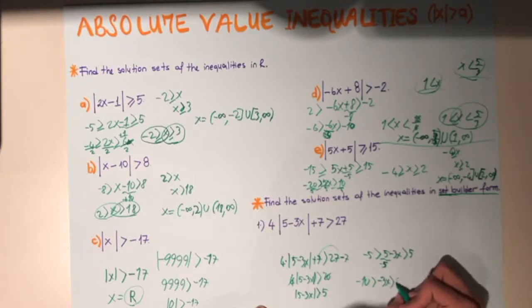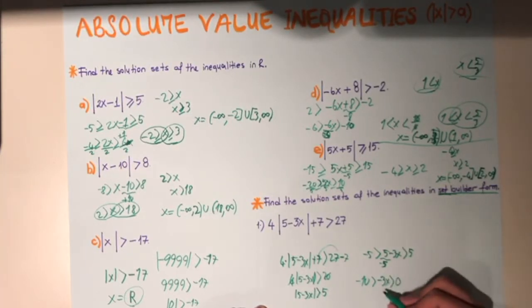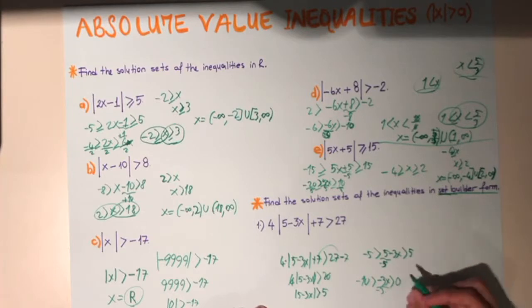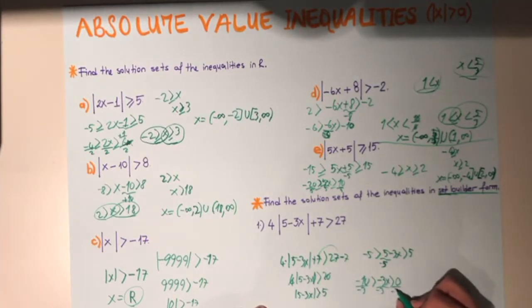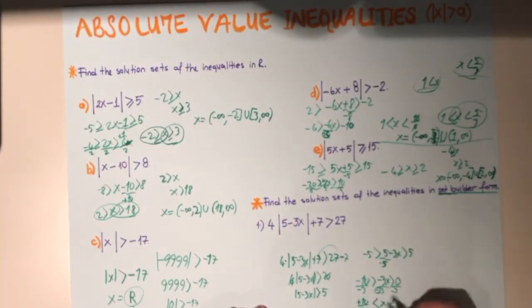Minus 3x, 0, and then we're doing the same things again, dividing the whole equation by 3, and because there is a minus, we're changing the sign of it, so minus 10 over, it will become plus 10, and then the sign changes, of course, and then it will be still 0.